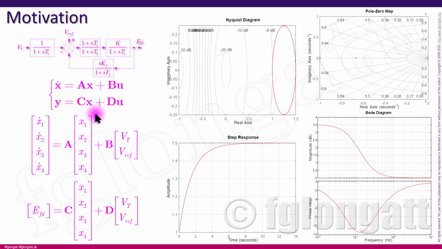Having the explicit representation of any control gives you the opportunity to perform some very specific analysis. For instance, in the previous video, I created the state space representation of this very simplified AVR, and I analyzed the time domain response when you apply a step.